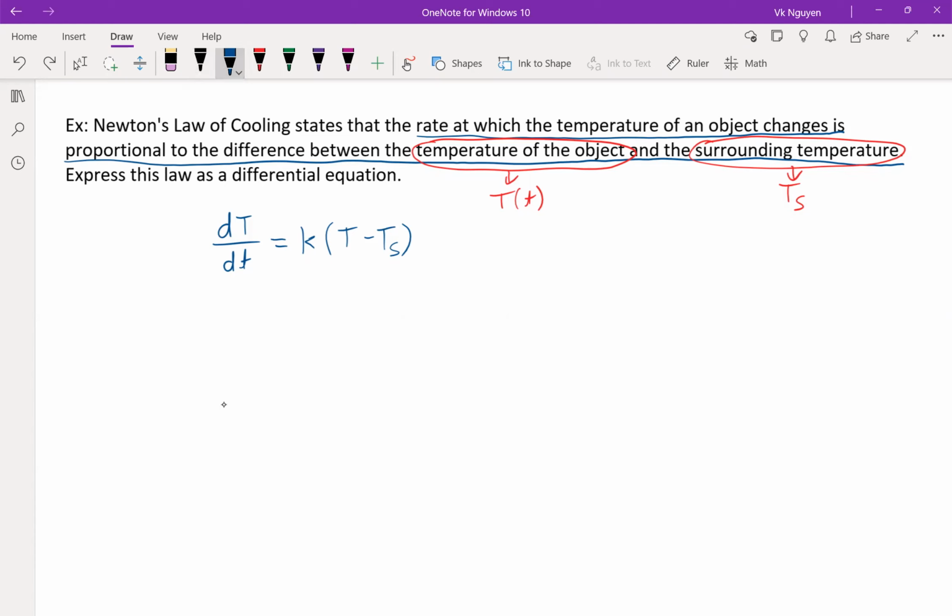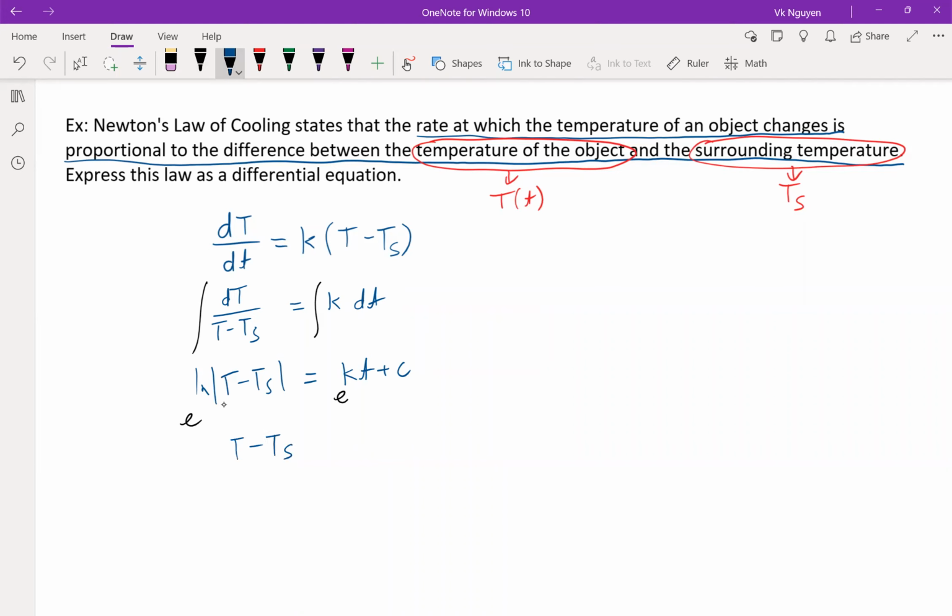Because it is a differential equation, a separable one, we can solve for T. dT over T minus Ts equal k dt. Integrate both sides, and we have ln absolute value T minus Ts equal kt plus C. Now take e as the base, and we would have T minus Ts.